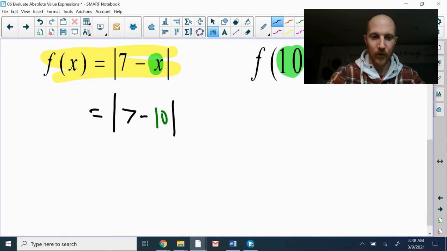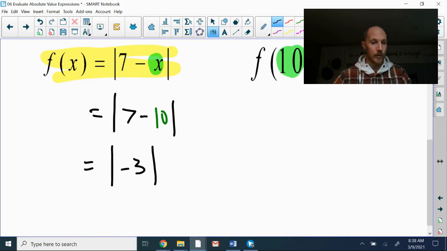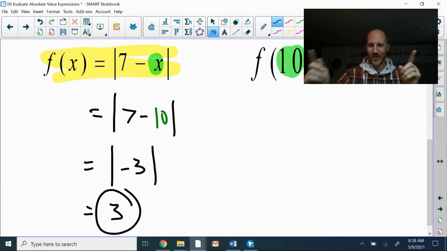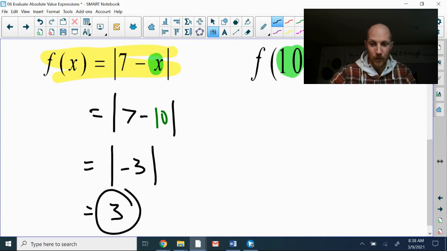That has to happen first. So 7 minus 10, that is negative 3. And then I can do absolute value. Absolute value means distance. How many spaces away from 0 is negative 3 on the number line? Well, it's going to be 3 spaces. Doesn't matter which side of the number line I'm on. I'm just counting how many spaces. So my answer is positive 3.